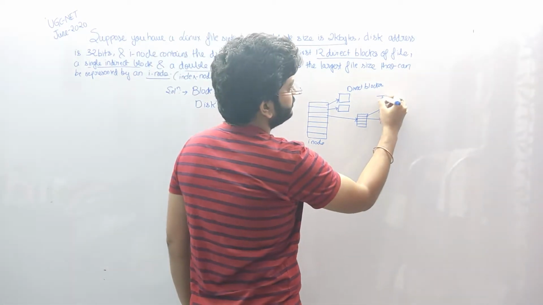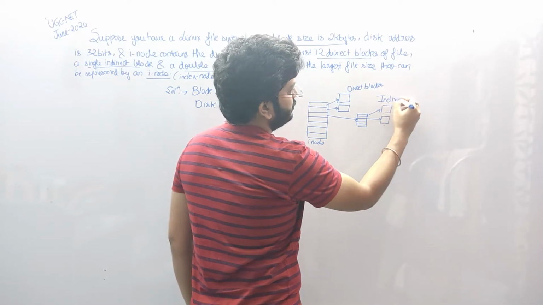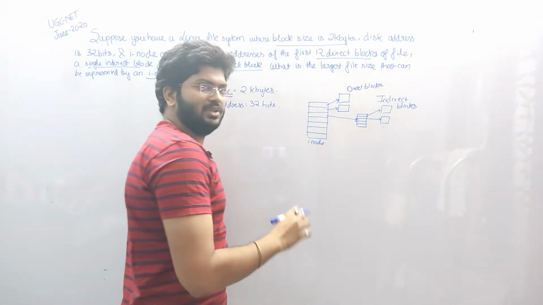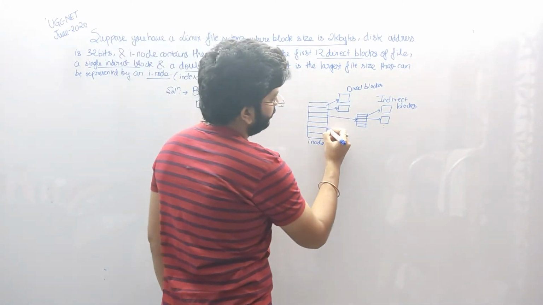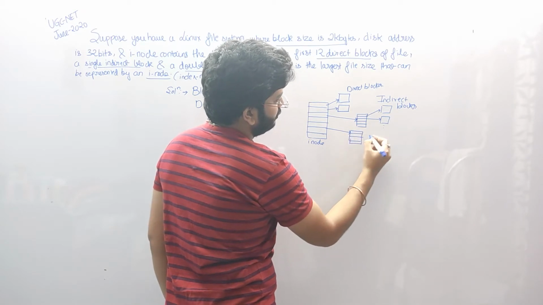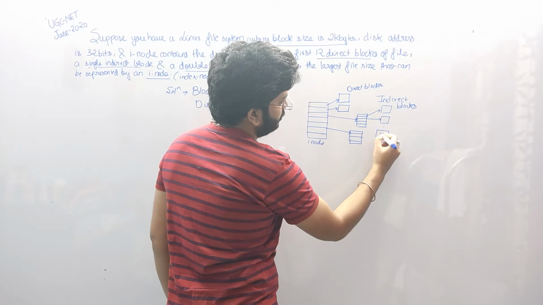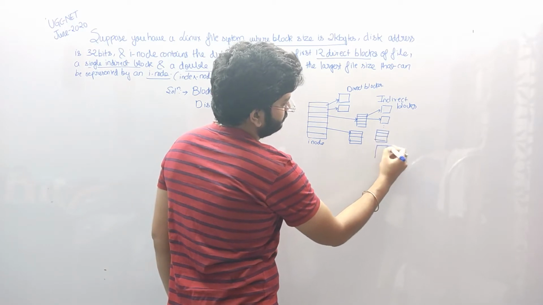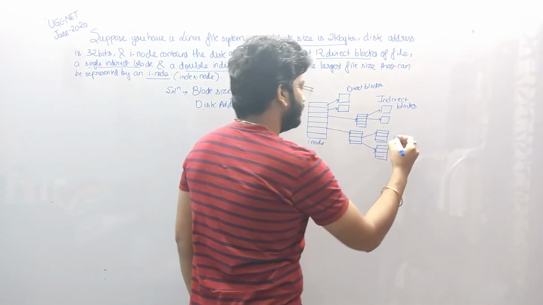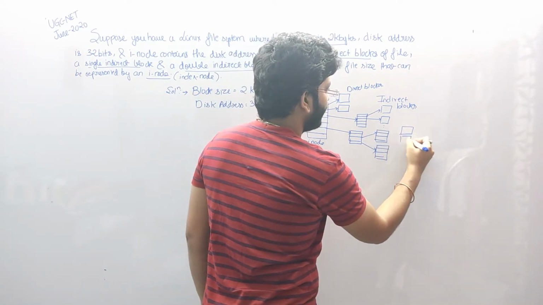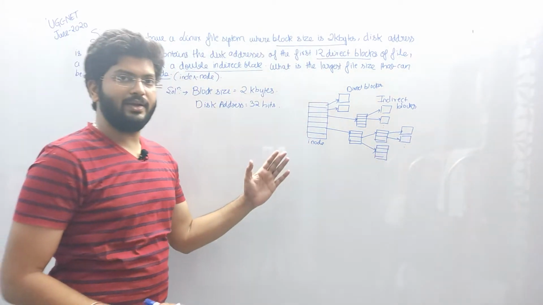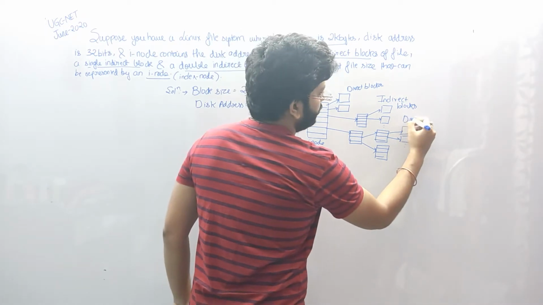Okay. So in this case these are indirect blocks. Single indirect. Okay. Single indirect. Now coming to these are double indirect blocks. Okay, these are double indirect. Let me write it down here.